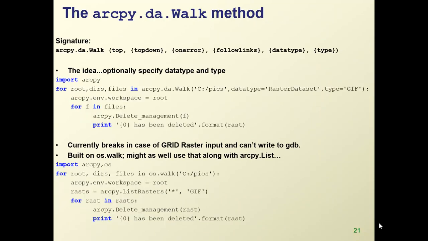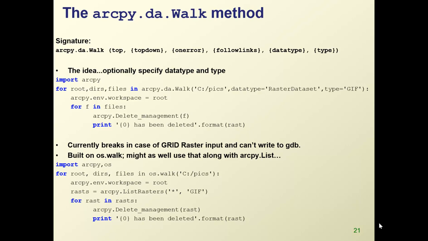ArcGIS also has a walk method, and ideally this would be able to be used to do even more specific things than you can with os.walk, because it has these optional parameters specifying the data type, so you could list only a certain subset of the files in your directories that you were interested in. However, the last time it was tested, there were some issues with the case of grid raster input and file geodatabases.